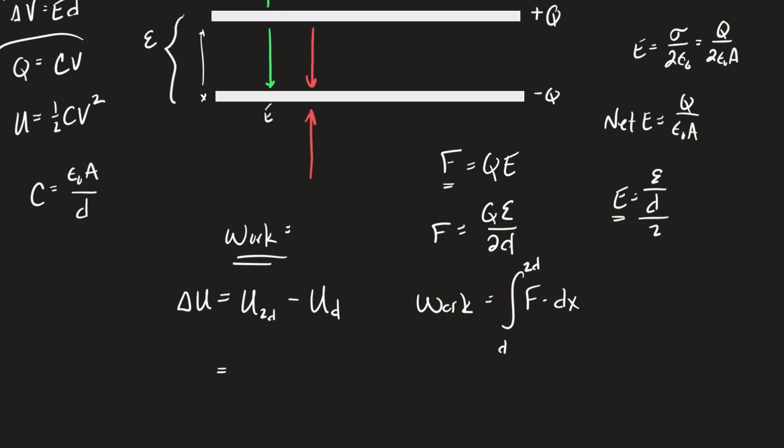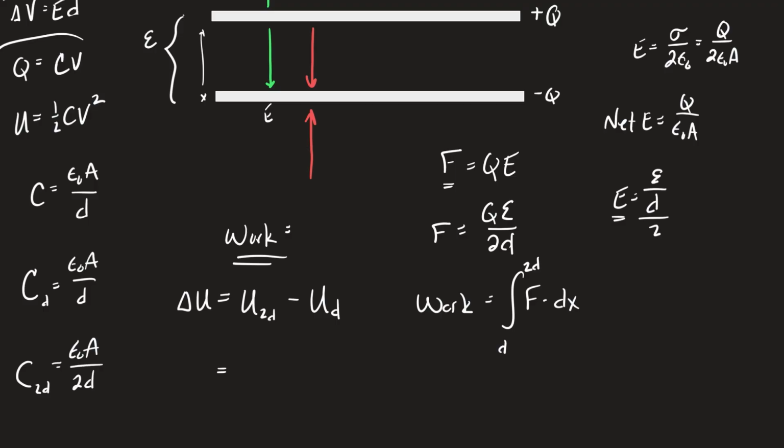Now, for the delta U, which is the easier way to do this, we just used 1/2 CV squared, knowing that C for D was going to be epsilon naught A over D, and C for 2D is epsilon naught A over 2D.